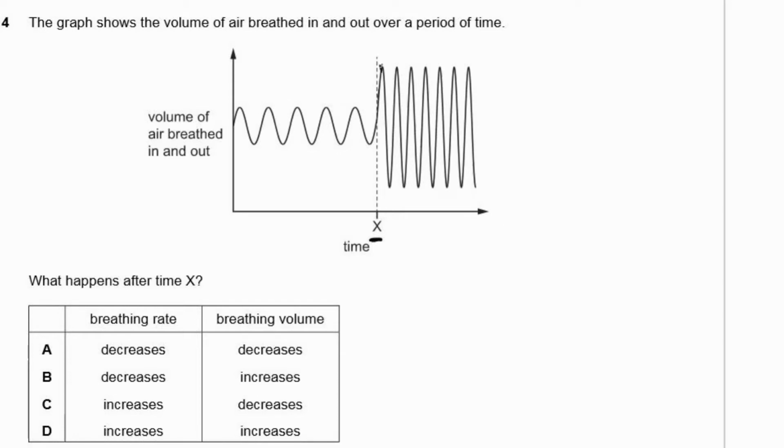The time between each breath is shorter after time X. And if we look at the volume of air breathed in before, that's smaller than the volume of air breathed in afterwards. So the breathing rate, you're talking about per time.